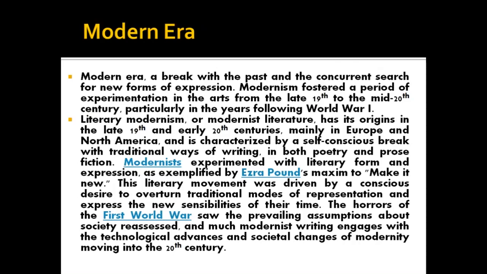Modernism fostered a period of experimentation in the arts from the late 19th to the mid 20th century, particularly in the years following World War I. Literary modernism has its origins in the late 19th and early 20th centuries, mainly in Europe and North America, and is characterized by a self-conscious break with the traditional ways of writing in both poetry and prose fiction.